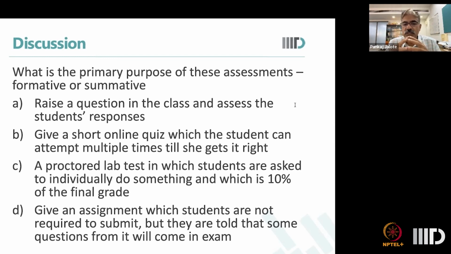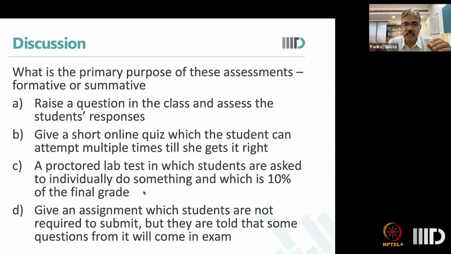D: give an assignment which students are not required to submit, but they are told that some questions from it will come in the exam. So it's an assignment. Assignments are mostly formative. There is no feedback here because you're not asking them to submit.